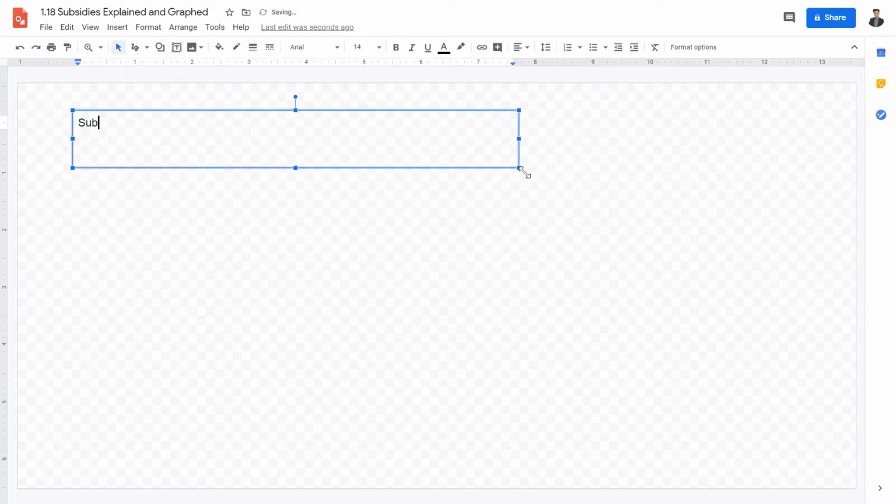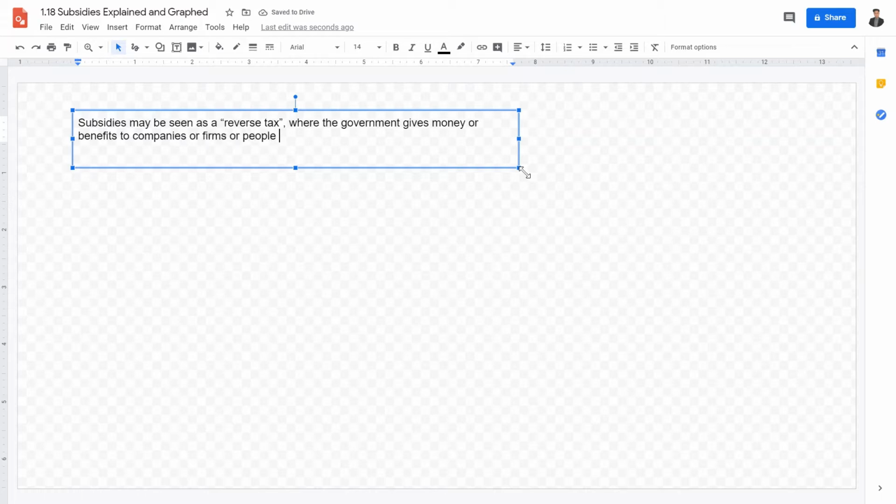Okay, so subsidies can be seen as a reverse tax, where the government gives money or benefits to companies, firms, or people, therefore increasing the quantity at any given price.